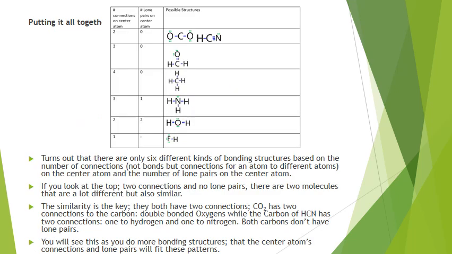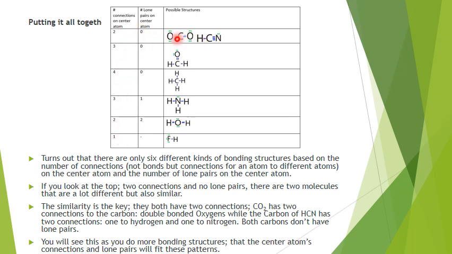Okay, putting this together, and this will be the last slide for 110, you're going to see this. If we set up a table, the number of connections on a center atom and the lone pairs on the center. We had 6 different scenarios.